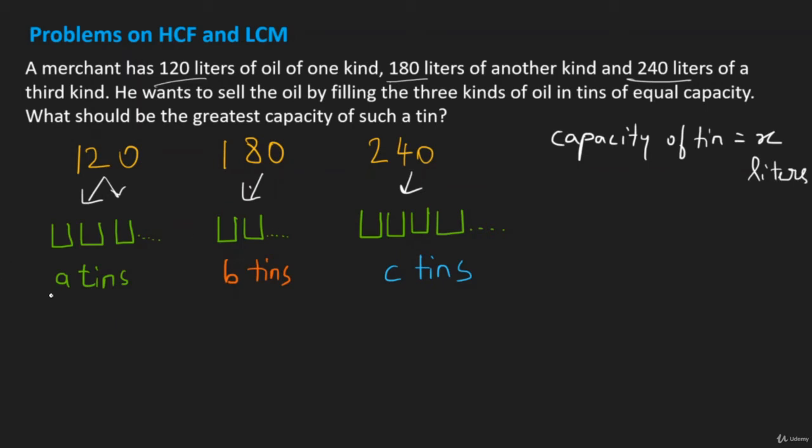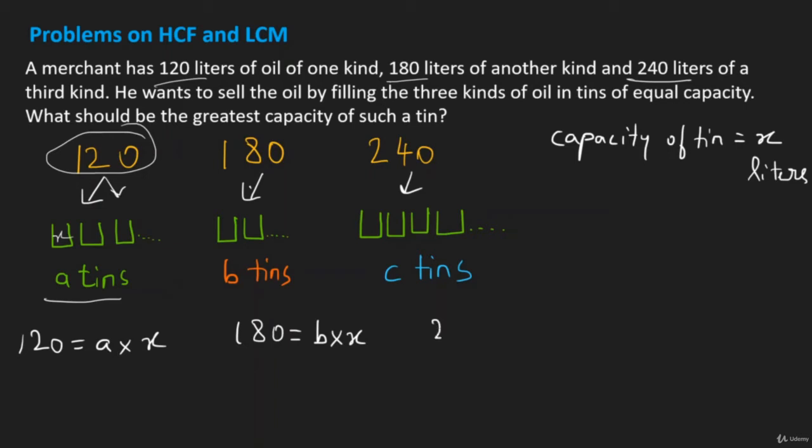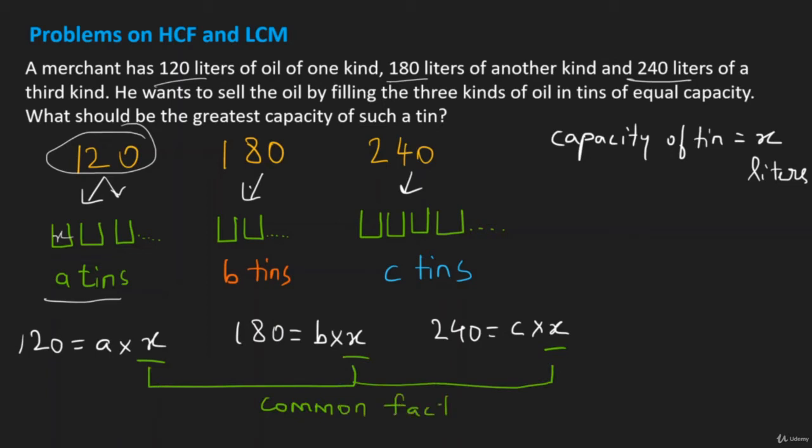Now what does that mean? If I am using A tins and each tin is of capacity X liters and it adds up to 120 liters, I can say 120 is equal to A into X, right? In a similar manner, I can say 180 is equal to B into X and 240 is equal to C into X. Now you can see that in the case of 120, 180 and 240, X is occurring when you write it as a product of two numbers.